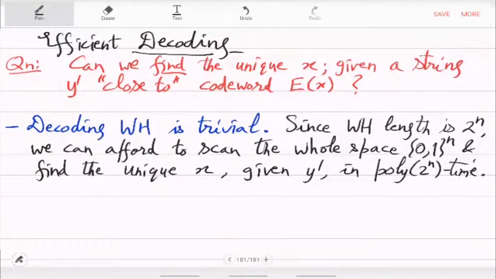Right, this is a simple algorithm, just search the whole space. We call this efficient or fast because the length was already exponential, right. So, in terms of that, this is polynomial time.